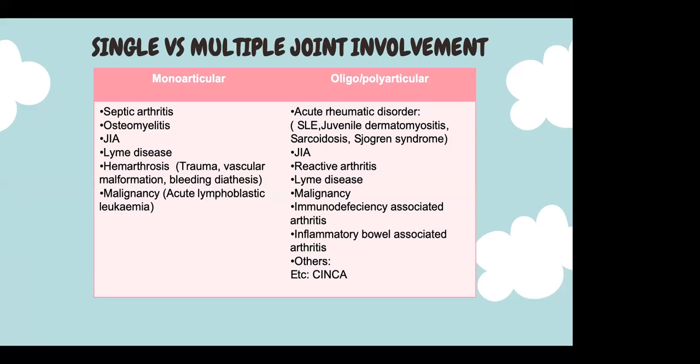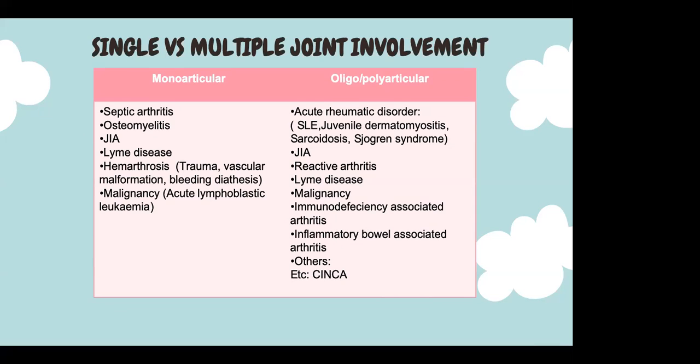In order to narrow down the diagnosis, you can begin with identifying the number of joints involved. It can be divided into monoarticular or oligo or polyarticular, which is more than 2 joints involved. In monoarticular, which is only 1 joint involved, you might think about septic arthritis, osteomyelitis, JIA, Lyme disease, hemarthrosis, malignancy.